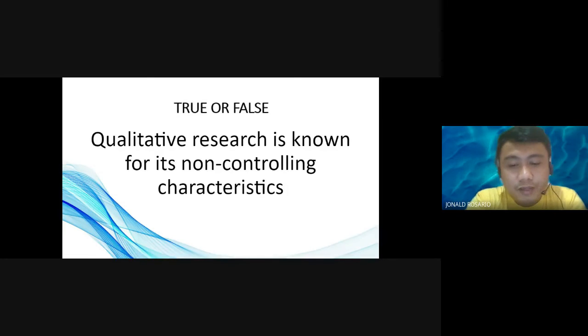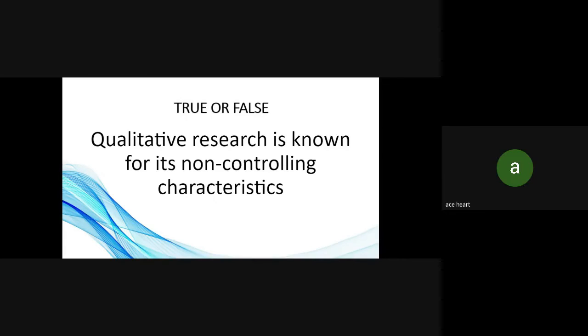The correct answer for this is true. Okay, so the correct answer for this is true. Why? Because it is the first, Joanna. Open po siya.